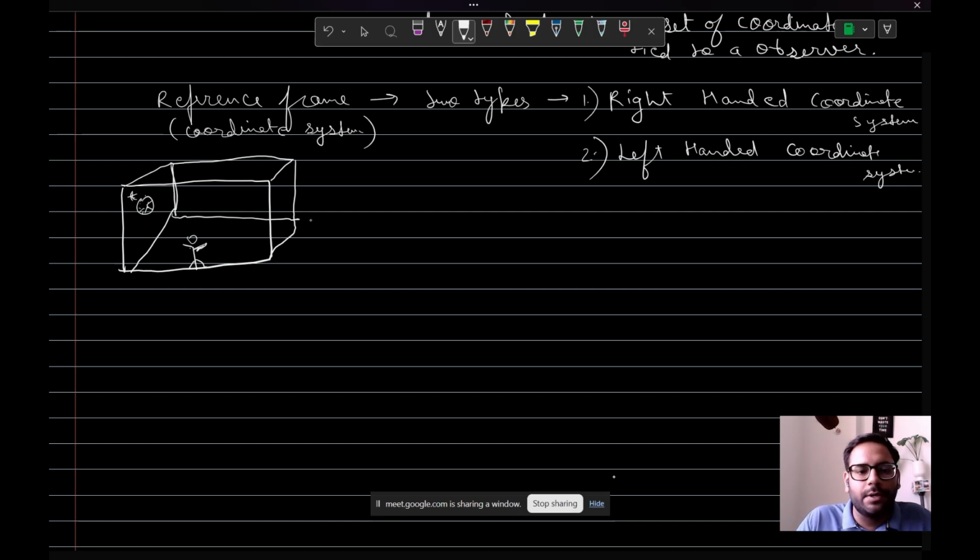So there can be two ways. Suppose you define this length of your room as the x-axis, the height of this room as the z-axis, and this as the y-axis. Okay, so here you have defined all the coordinates: t, x, y, and z.